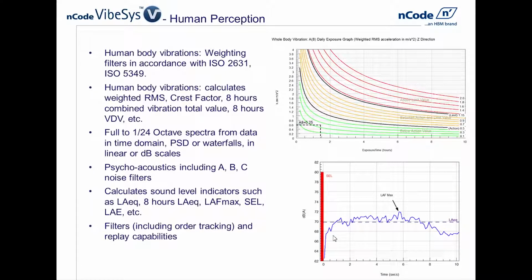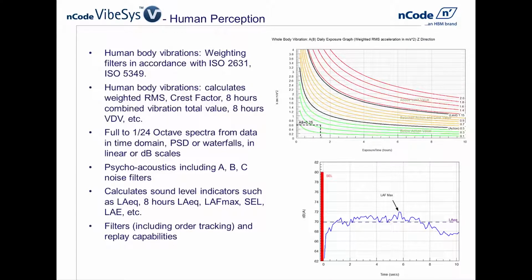So the last application is the human perception to sound and vibration. If we start with vibration, we've got the whole human body vibration indicators. That's compliant with the ISO 2631 for the whole body, or the ISO 5349 for the hand-arm vibration.